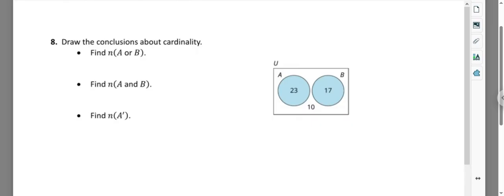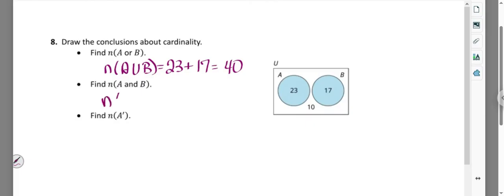So A or B. So there's 40. A and B. There is no intersection between them. So those are disjoint sets.